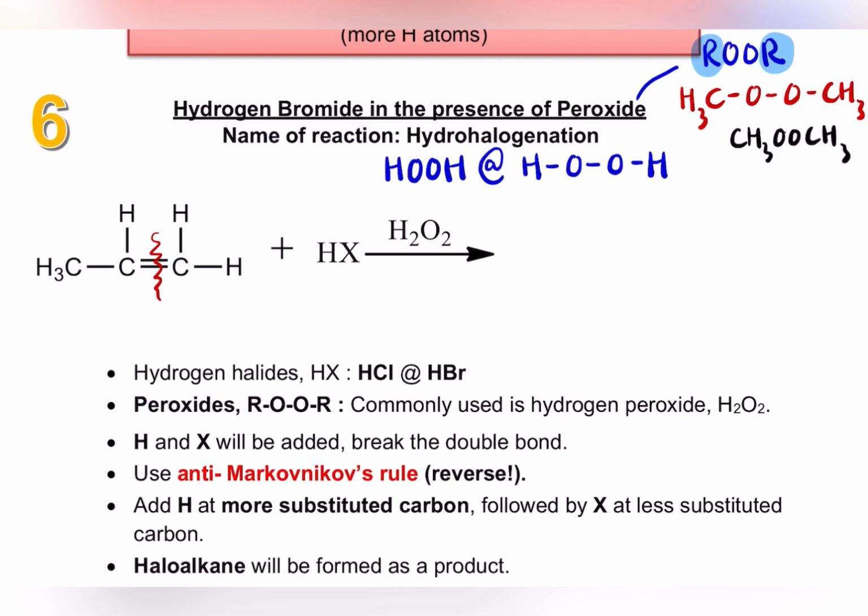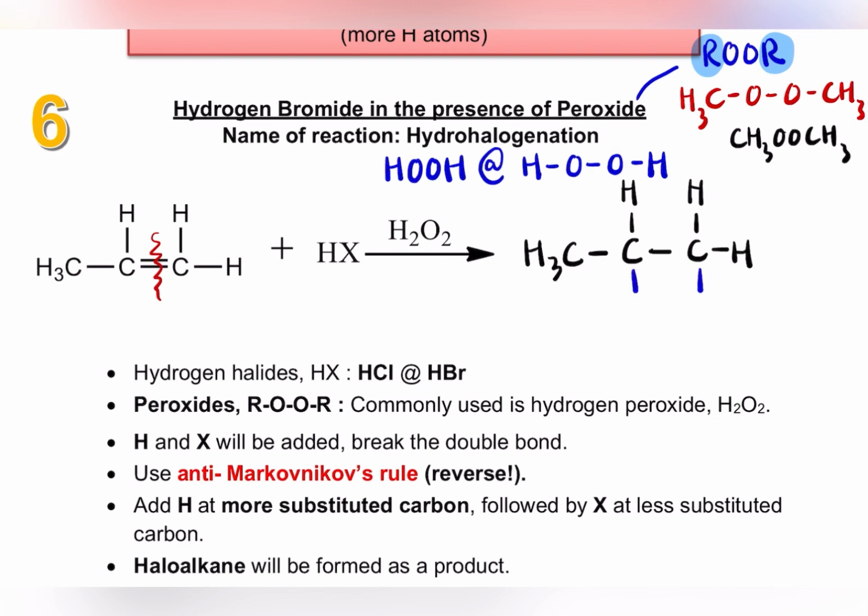So it's going to be at the position different from before, the opposite to Markovnikov's rule. So I'm going to copy back my structure for the product without double bond. So this is going to be my structure, H3C bonded to C, you got hydrogen. Bonded to C, you got another hydrogen and another one more. And you got two single bonds.